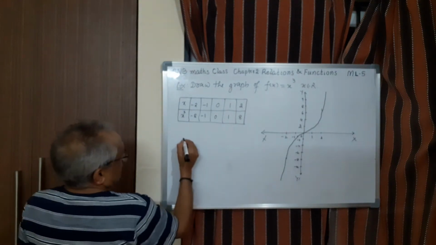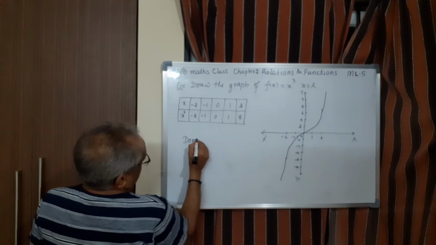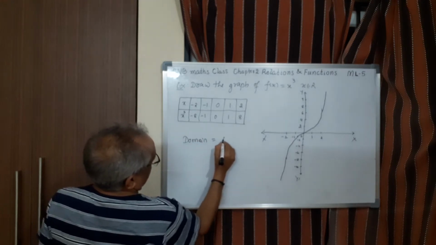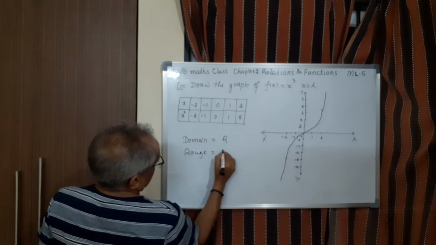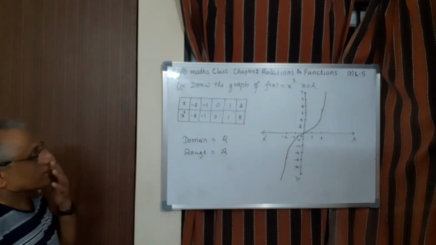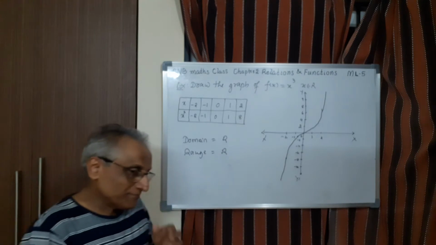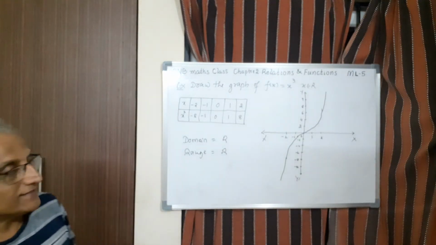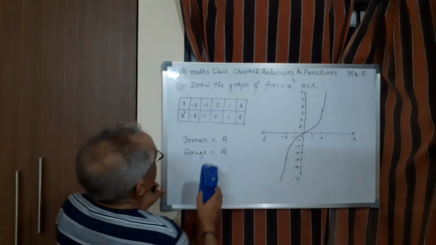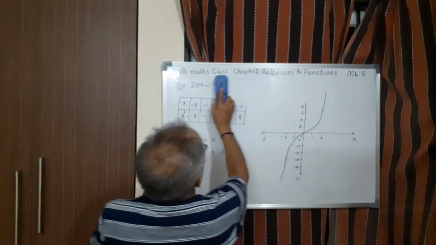Therefore you can say domain of this function is R, and range is also R. So whenever you draw the graph, you better discuss what is the domain and what is the range. So now let us go to the next type of function.